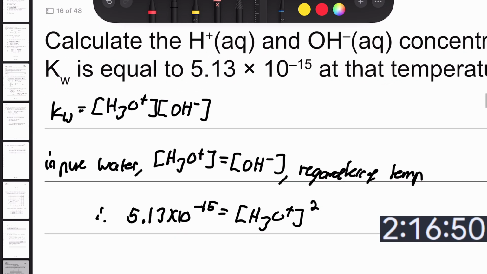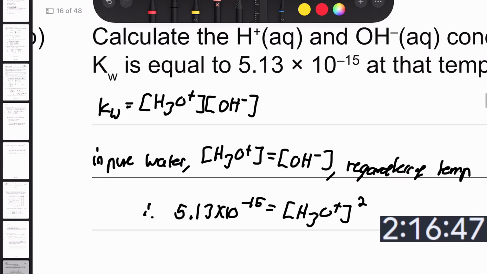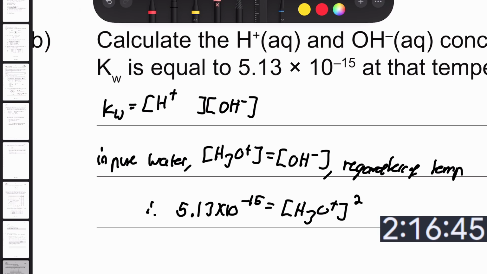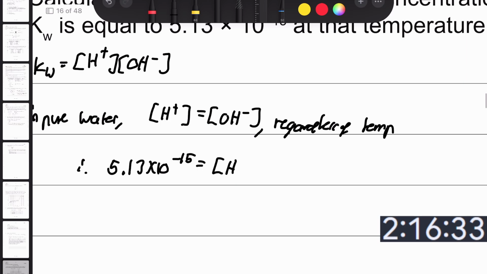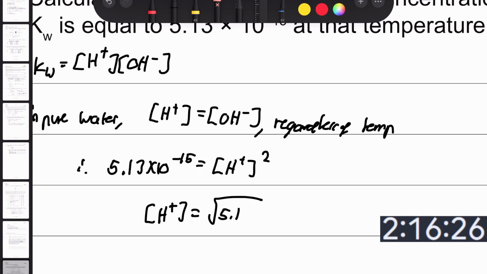Therefore, I can just do H+ times OH-, H+ is equal to that. H+ squared, so then we know that H+ will be equal to the square root of 5.13 times 10 to the negative 15.